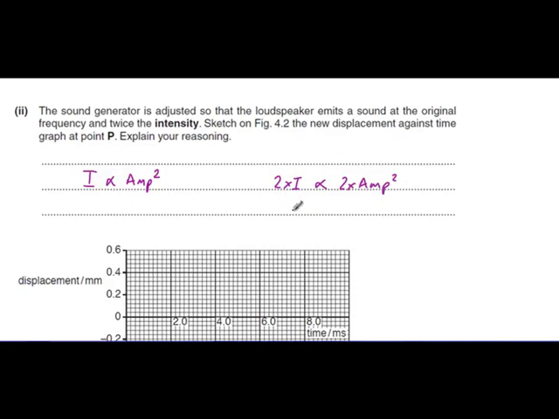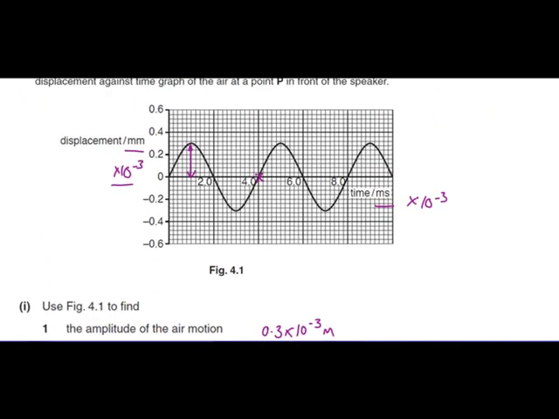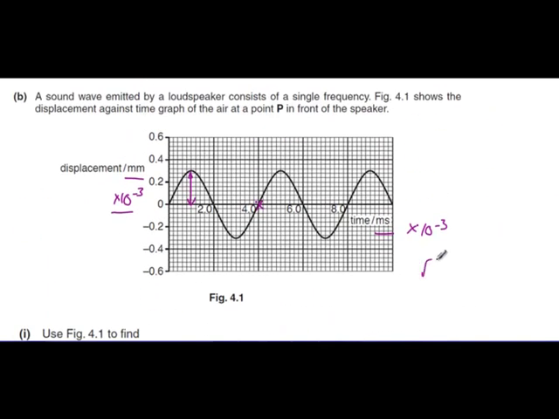So we square root both sides. Root 2 times square root of the intensity is proportional to root 2 times the amplitude. So the amplitude is increased by a factor of root 2. Root 2 equals 1.41.